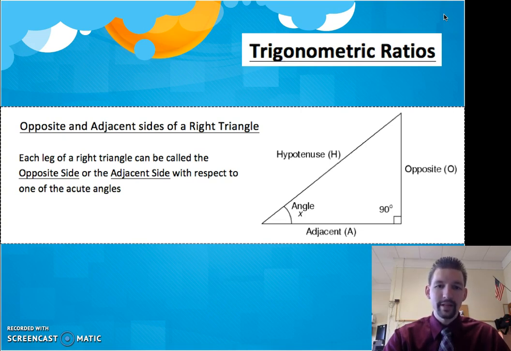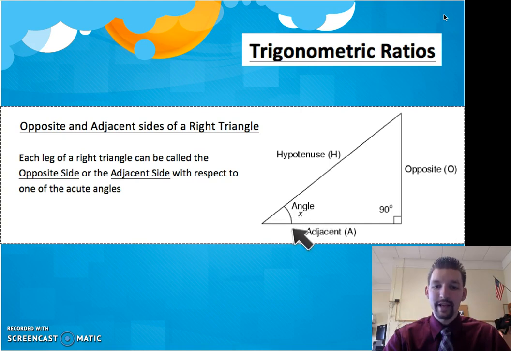The legs can be labeled as opposite or adjacent, and that changes depending on what angle you're looking at. So if you're examining angle X here, we're dealing with this one that's got the little mark in it. Opposite will go across the triangle to the opposite side. So opposite is over here, O. Again, it's across the triangle from the angle you're looking at.